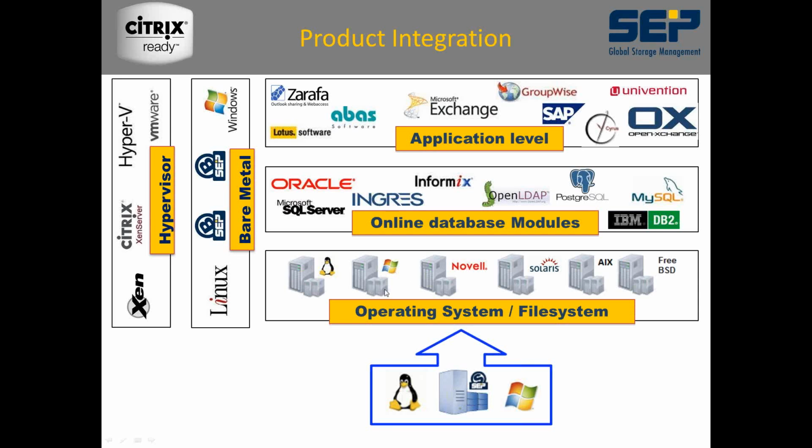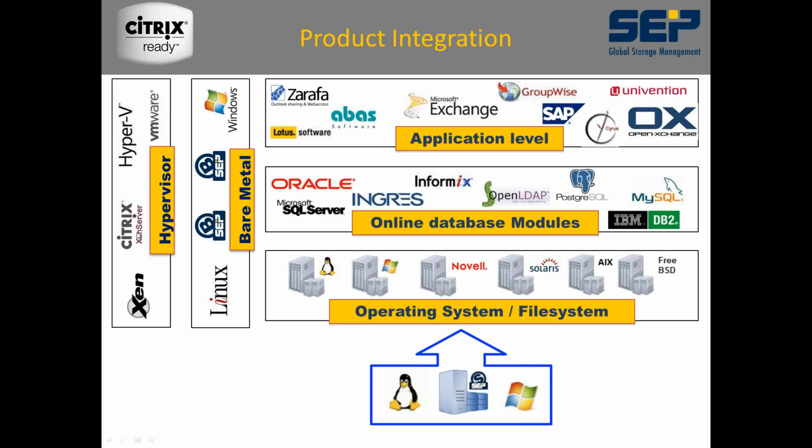It's pretty inclusive, but this is just a short list of everything that we can back up. Online database modules can run on top of that, and for the application level apps that we have modules for, we know how to back them up directly. Then if we go over to the left, we have APIs for all of the hypervisors.